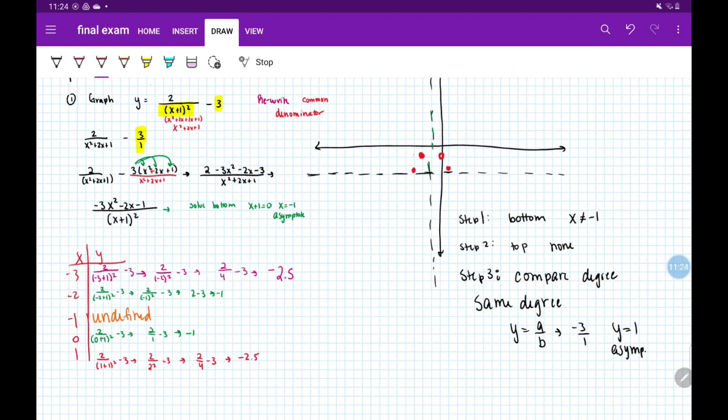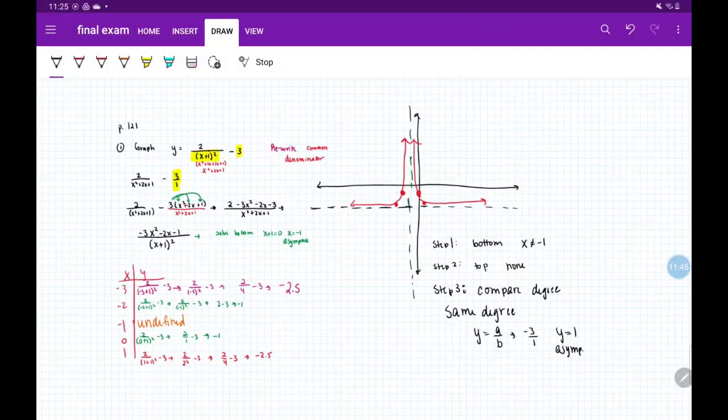So, remember to start your pencil near a dash line, move through the points, and near a dash line. Missed it. And this is this graph. So might as well say the domain is everything besides negative 1. And the range is y is greater than negative 3.